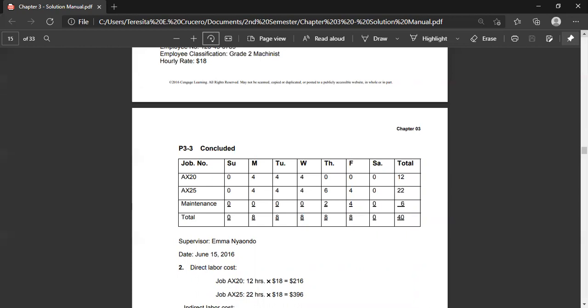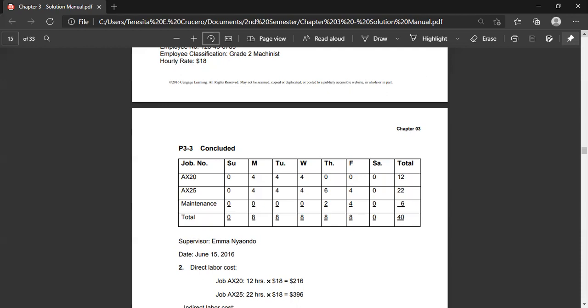And on Thursday, he worked 6 hours only on job EX25, and 2 hours on maintenance. While on Friday, he worked 4 hours on EX25 and 4 hours on maintenance.